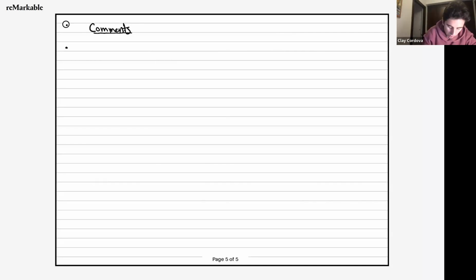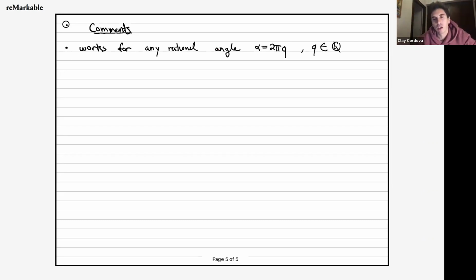Okay, so when does it work? It works for actually any rational angle. Alpha is 2 pi q, where q is a rational number. I did it just for q is 1 over k, but you can do it for any rational, but not for continuous alpha. There's no continuous generator here, so there's nothing, so far as I currently understand, that resembles a conserved current.